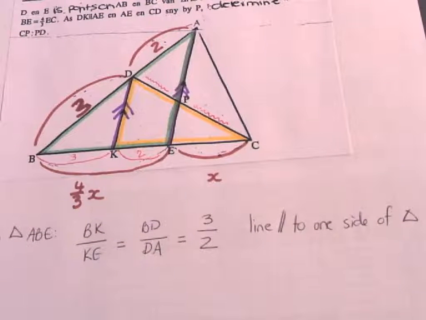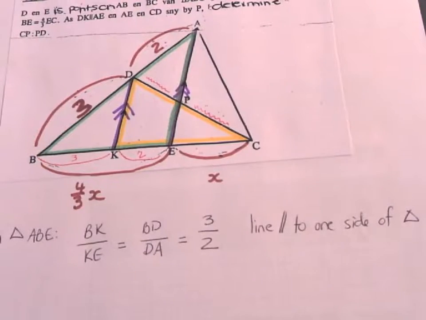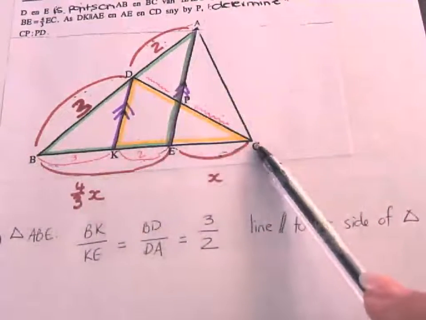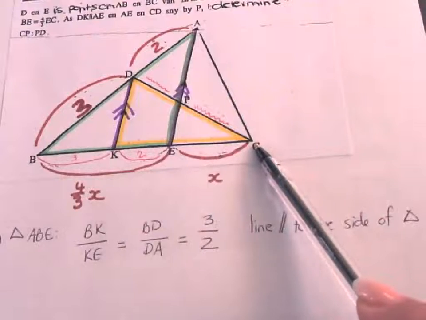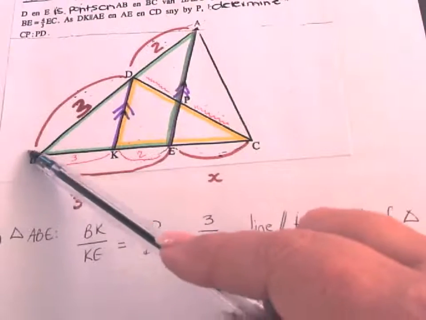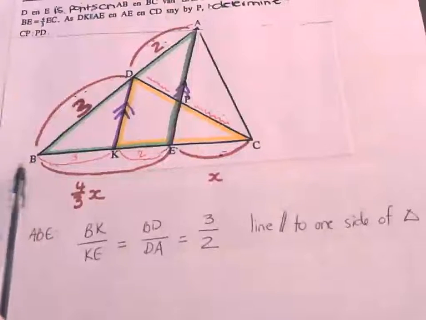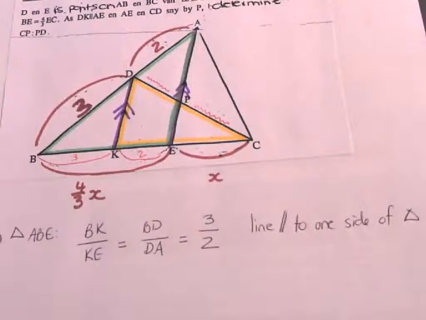If you look at the big triangle, the whole one, ABC, how long is AB? 5. How long is BC? 4 over 3x plus x. Okay.